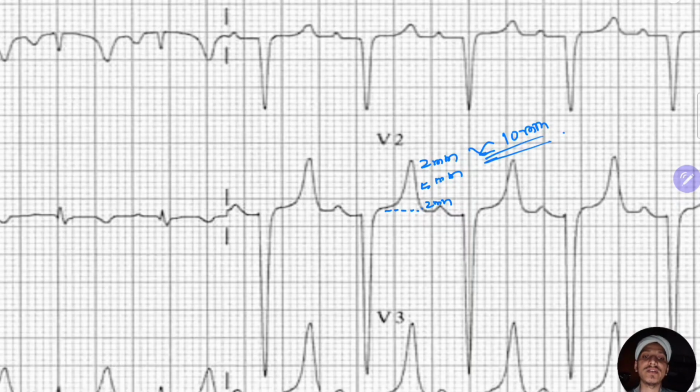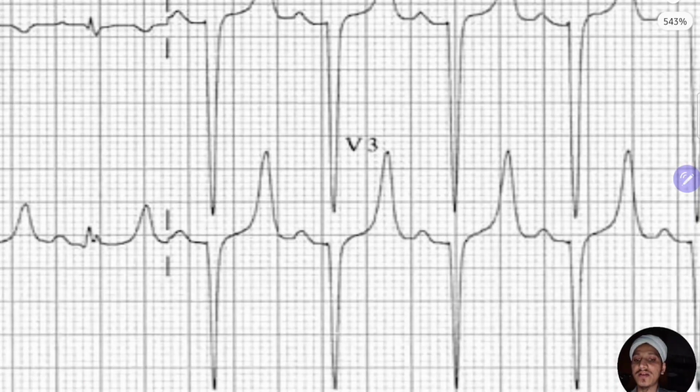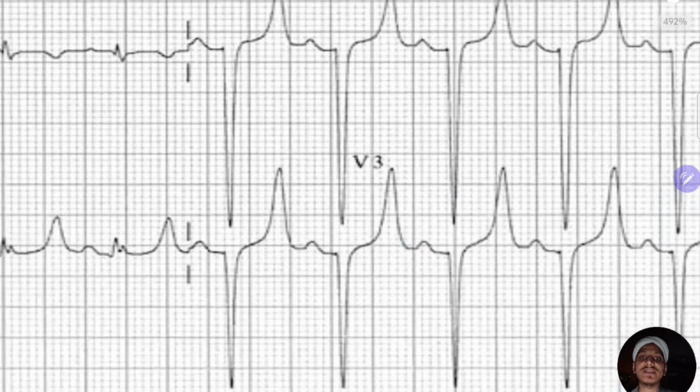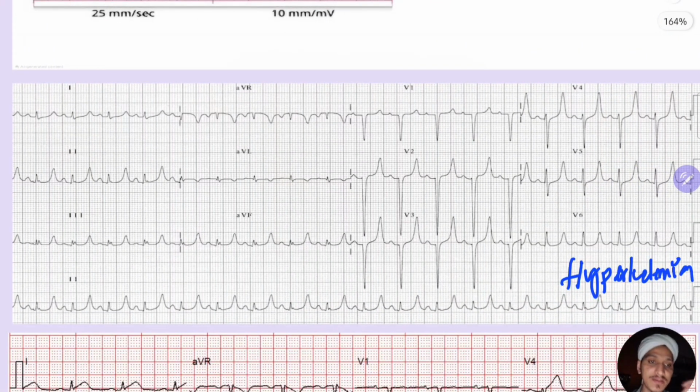So in the precordial leads they are 10 mm, or you see more. See in V3 you can appreciate it better. Here this is 5 mm, this is 5 mm, and this is 3 mm, so a total of 13 mm in the precordial lead. So that means this is hyperkalemia. This is hyperkalemic T waves.